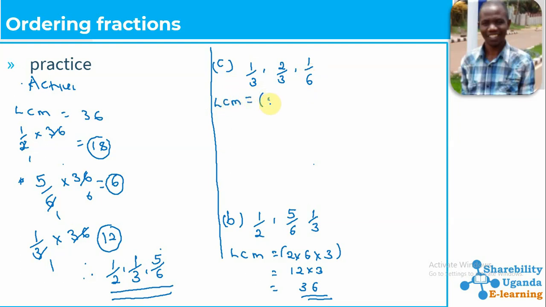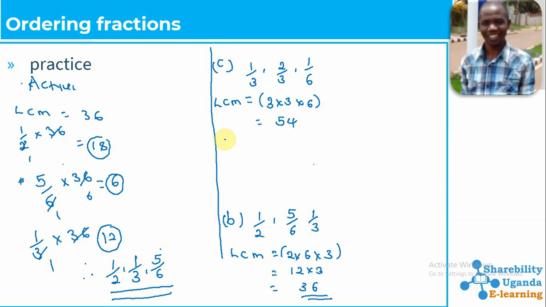We are saying 3 times 3 times 6. So our LCM here is going to be what? 3 times 3 is 9. What is 9 times 6? We get 54.